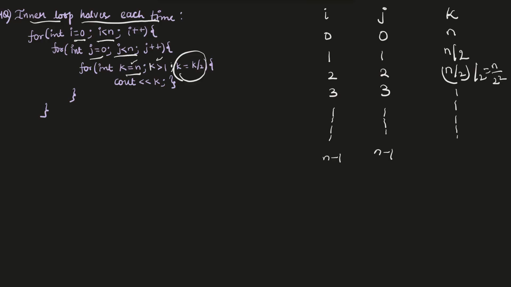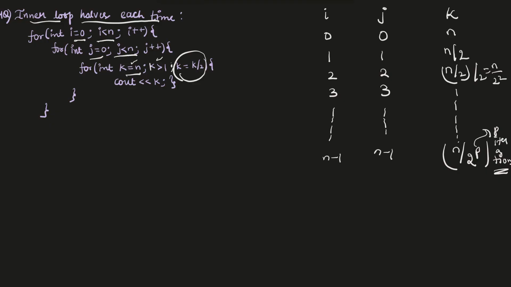So at the end, for a particular number of iterations, this value would become n upon 2 power p. Suppose we are taking p number of iterations, then it would become n upon 2 power p.